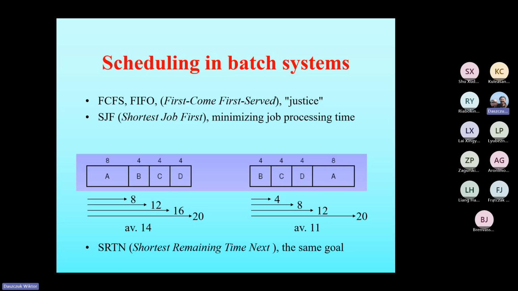Because the circumstances can change over time, we do not take the absolute time. We just let the job with the shortest remaining time to finish run first, and then we take the next one. So it takes into account some dynamic conditions which change the relations between processes that run.